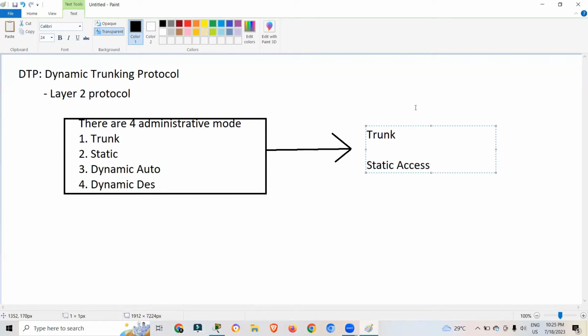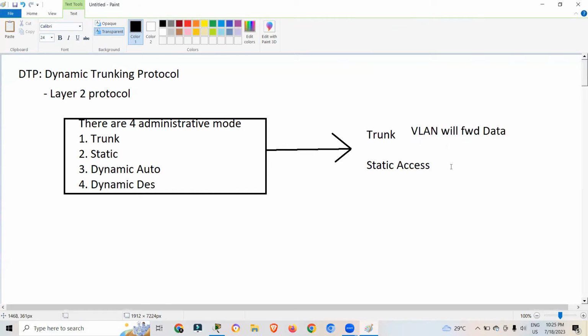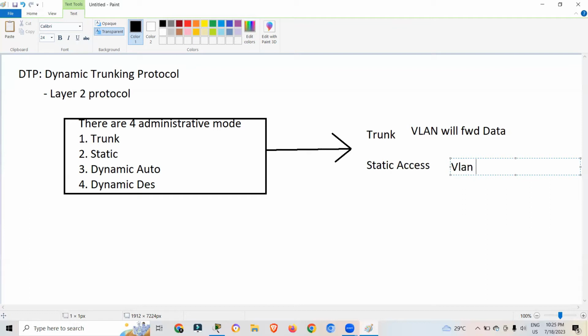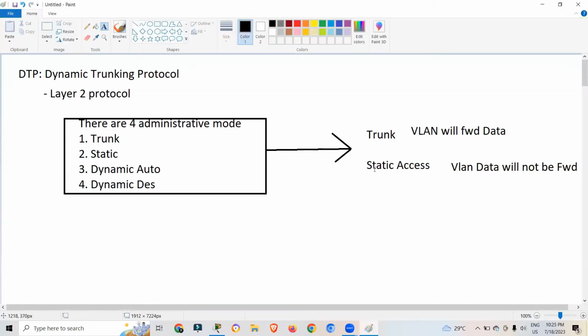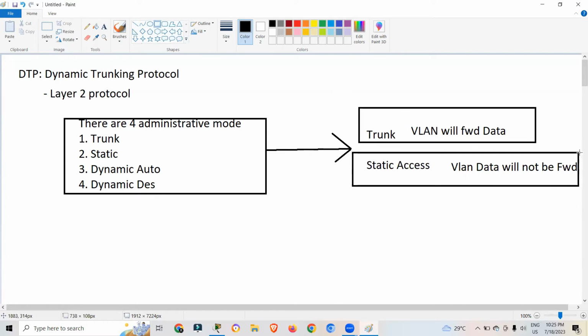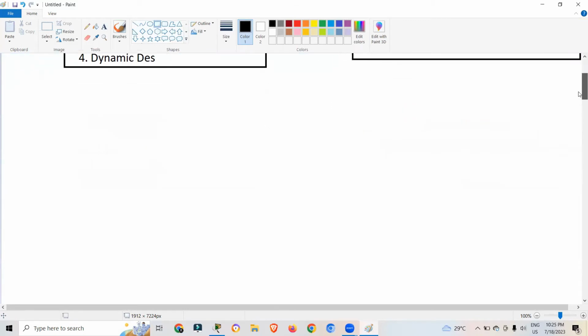In trunk mode, VLAN data will be forwarded. In case of static access, VLAN data will not be forwarded. So the data will be forwarded when the operational mode is trunk, and when the operational mode is static, VLAN data will not be forwarded.